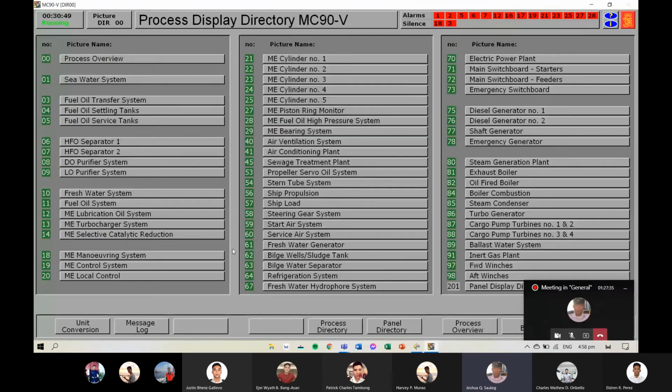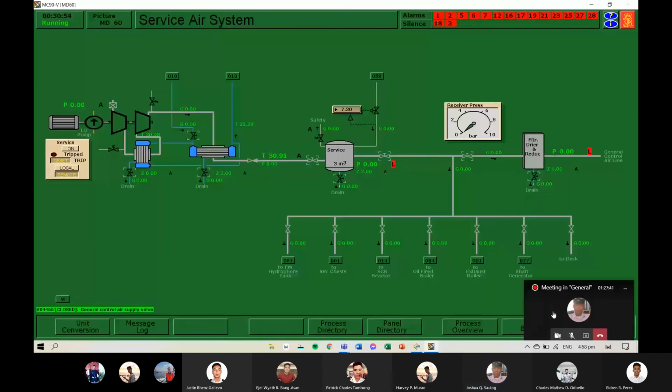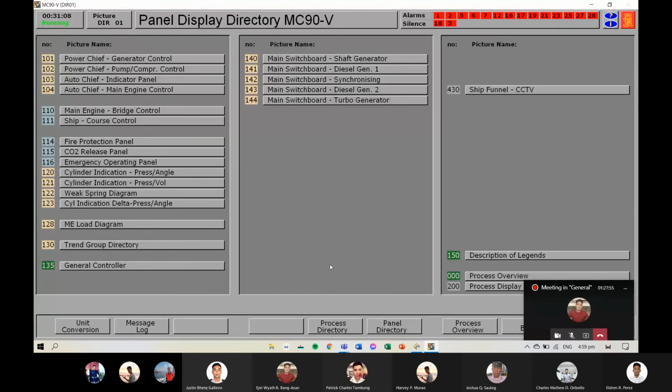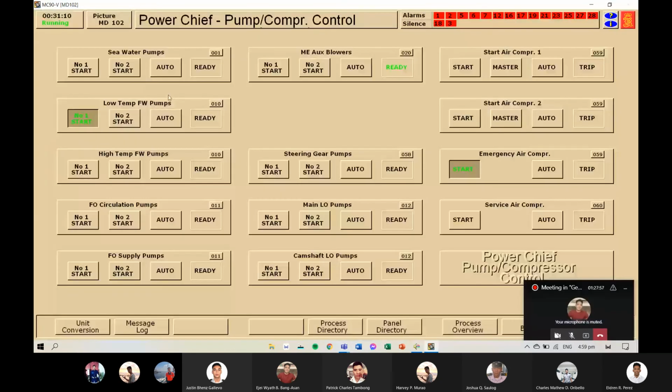Prepare the service air compressor in preparation for boiler operation. Done. Chief Engineer Perez, sir, go to Directory 102, Power Ship Pumps and Compressor Control. Next. Chief Engineer Perez, sir, put the seawater pump and low temperature freshwater pump to auto mode. Put all air compressors to auto mode.